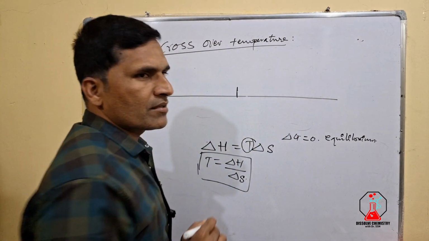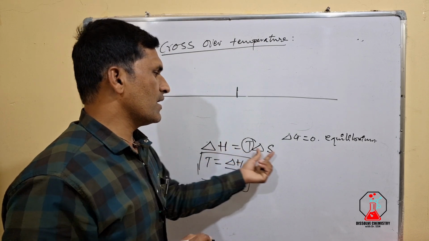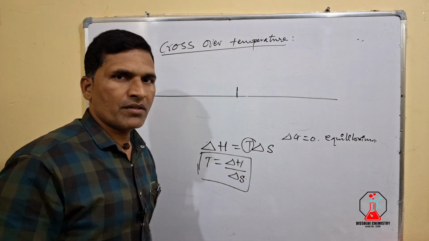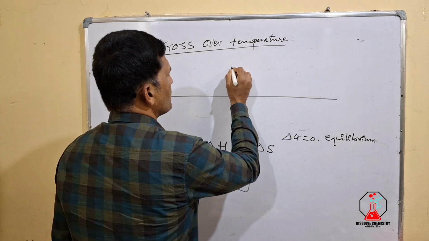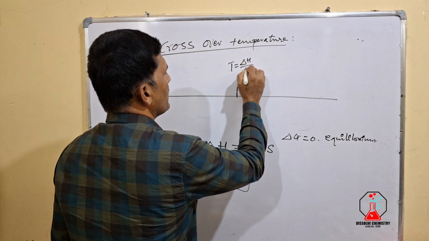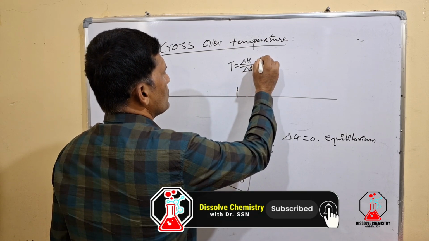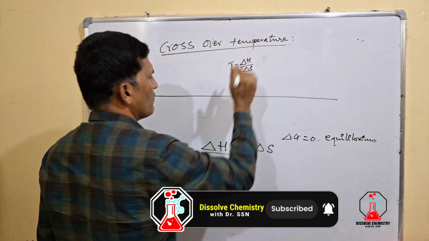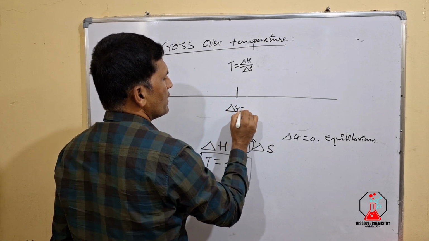When the values of delta H and delta S are fixed and the reaction depends upon the temperature, then this is your crossover temperature, where T is equal to delta H by delta S. Whatever value it has, there your delta G will be equal to 0.